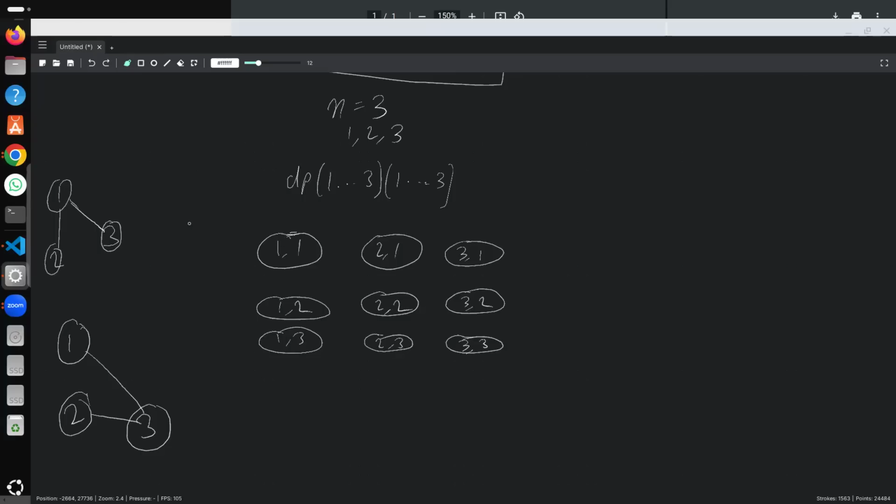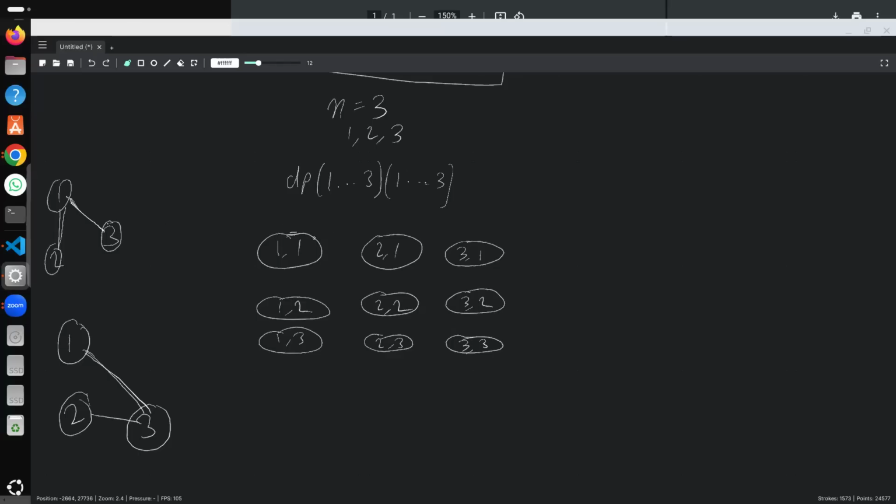From 1, we can go to 3 in the first graph. So basically we can go to all of these 3 nodes. But see, from 1, 1, where can we go? Just think about that. In graph 1, we can go to either 3 or 2. And in graph 2, we can only go to 3.